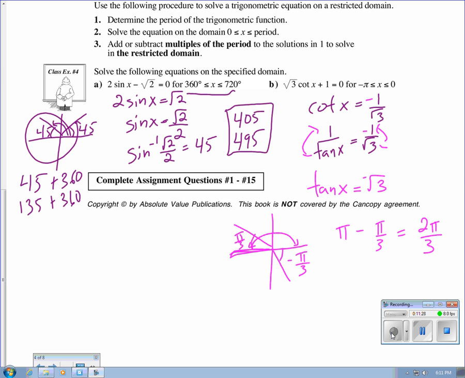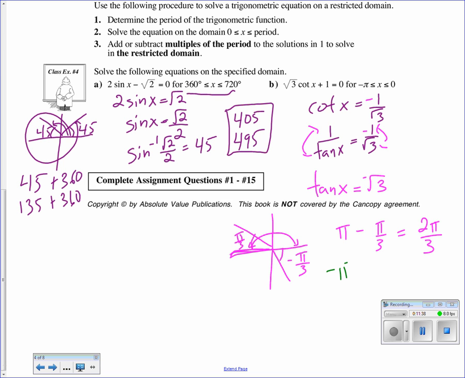Now I just have to wrestle as to what answer it should be. Should it be minus pi over 3? So minus pi over 3 was one possible answer, or 2 pi over 3. I've got to take a look at my domain, and my domain says I have to be greater than negative pi, but less than 0. So that actually means I'm referencing in here.